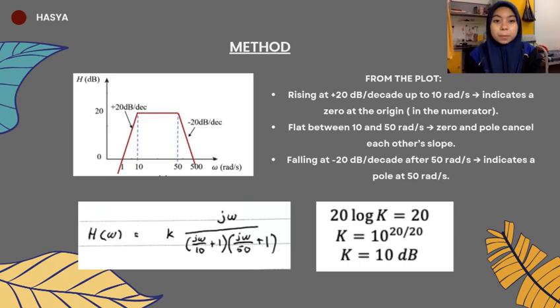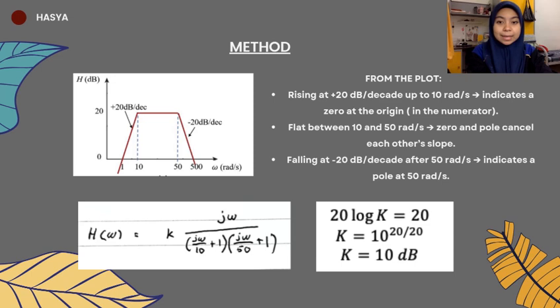Okay, from the possible transfer function form, a bandpass filter like this usually has a transfer function form like in the slide. First, we can see that omega 1 is equal to 10 rad per second, which can also indicate the lower cutoff. And then omega 2 is 50 rad per second, which can also indicate the upper cutoff.